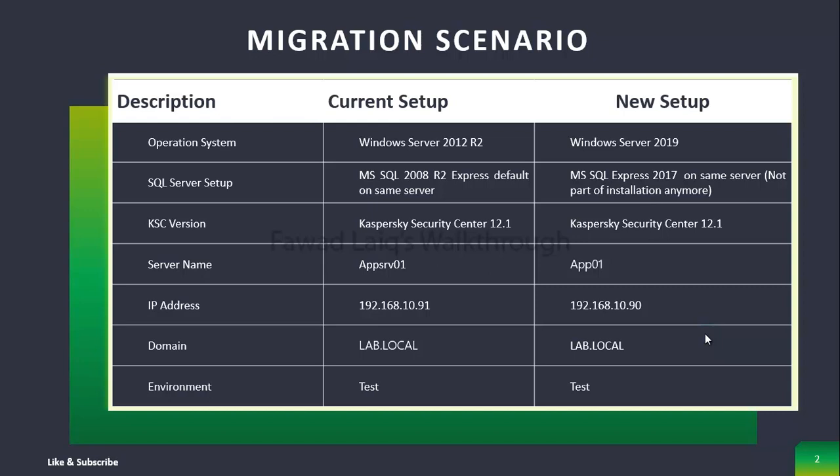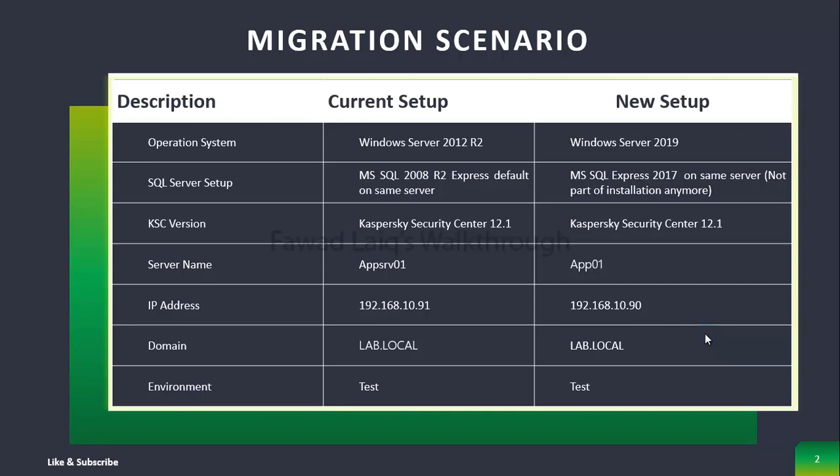But the new server has MS SQL Express 2017 already installed. If you want, you can find the link in description how to install this, because this is not part of installation setup anymore. The version which we are currently running for Kaspersky Security Center is 12.1, and of course the new version would be 12.1 also.